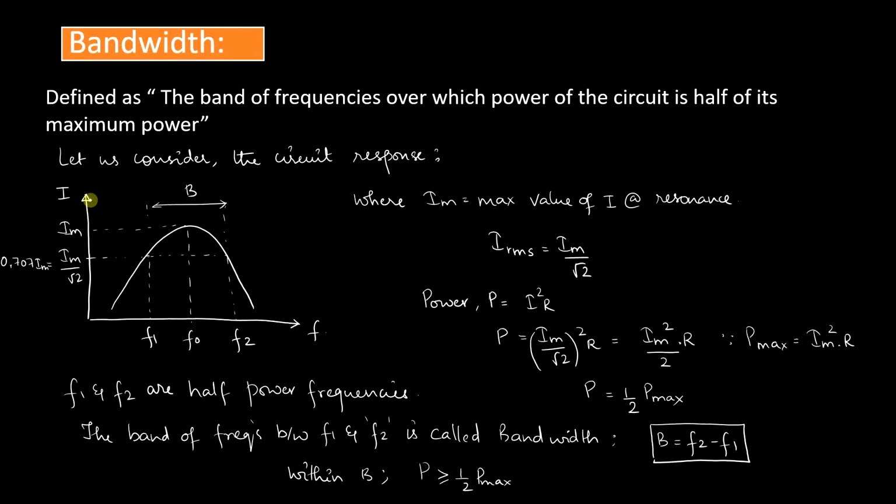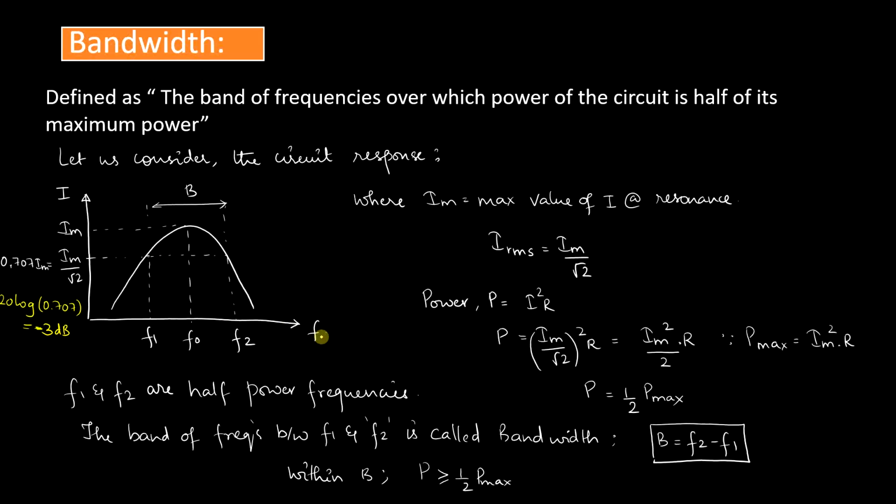If you consider the logarithmic scale, then 20 log of 0.707 will be equal to minus 3 dB. So this RMS value will be equivalent to minus 3 dB from its maximum on the logarithmic scale.